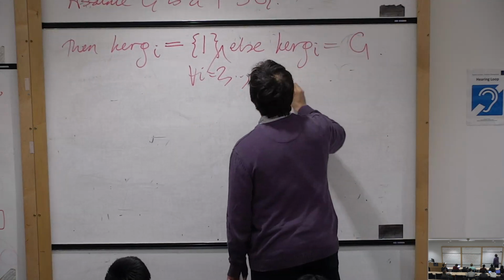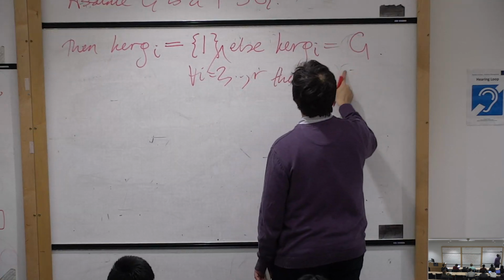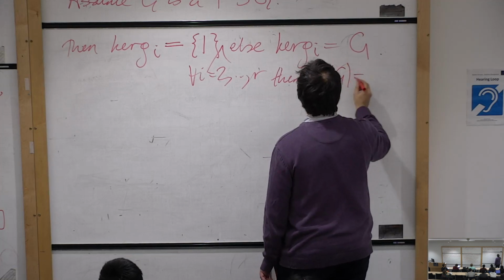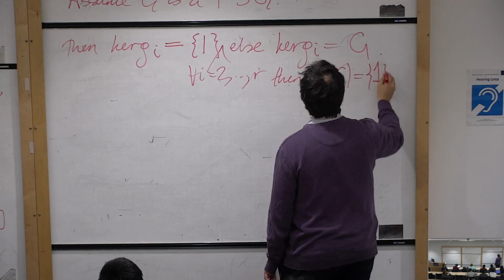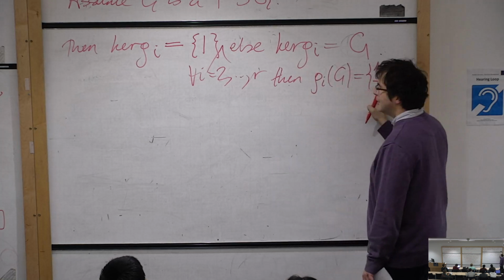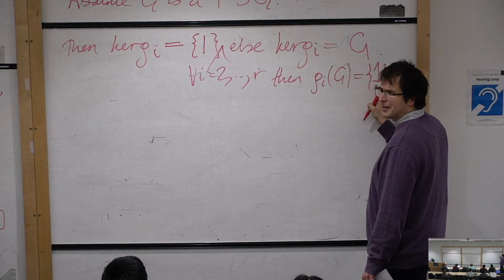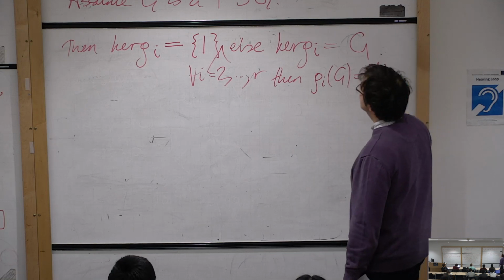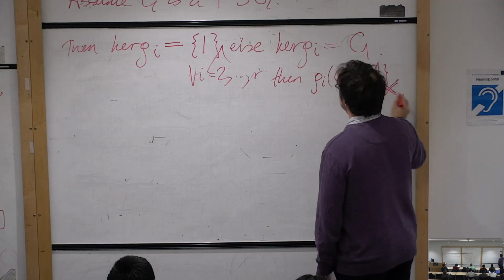But then rho I of G is the identity matrix, right? That's no good. How can you have no useful representation which squishes everything? Only the trivial representation has this property, right? Okay, and that's not possible.